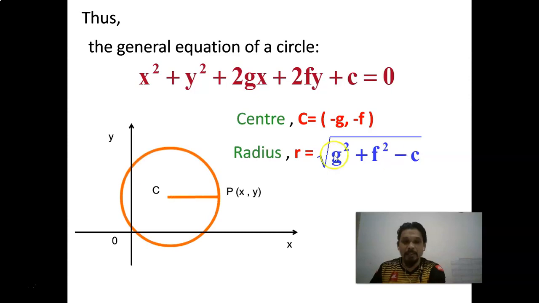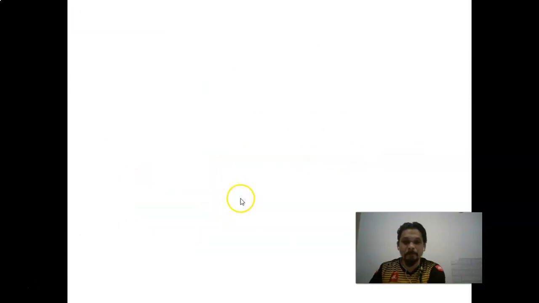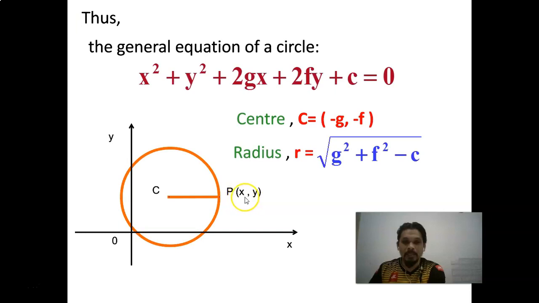And again, this is the center of the circle, and any point on the ring of the circle, we take one example, is P(x, y) here. Then the center, as we saw in the previous slides, is h and k, meaning here it is also h and k. Once we compare the equation of the circle with this, it means we are going to use g and f to find the center of the circle.